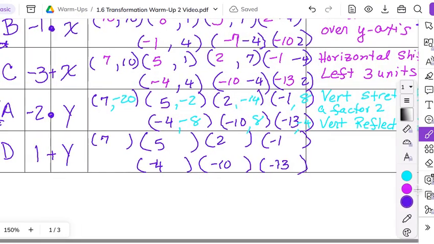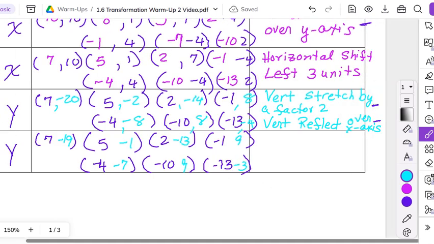So when we get to D, we're going to do the exact same thing again, but this time we're going to add 1 to everything, and so it's a positive 1, so we get -19, -1, -13, 9, -7, 9, and -3. And so what happened here is that there was a vertical shift, and we're describing it that way because it's the y values that got affected.